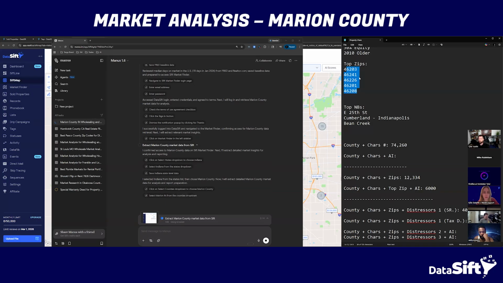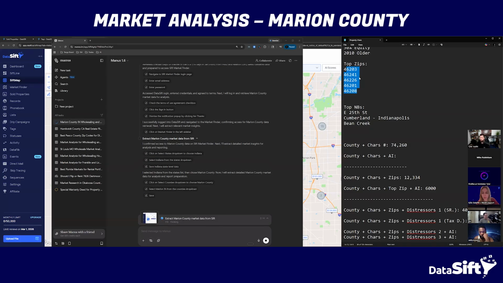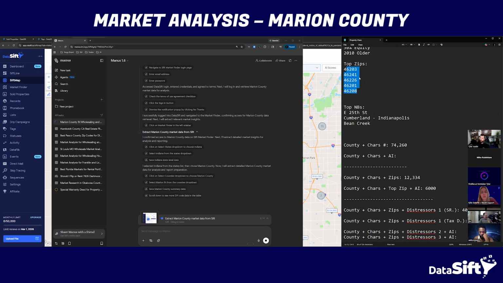But what's crazy is a lot of people just hit the whole county and they don't understand how much money they're wasting operationally in that. And many just send mail to all those zip codes instead of just sending mail to the neighborhoods. And you can also tell it to only focus on neighborhoods within Market Finder, because obviously it takes a lot of time to click on all those different little neighborhoods. You could also tell it, I only want neighborhoods in these zip codes.